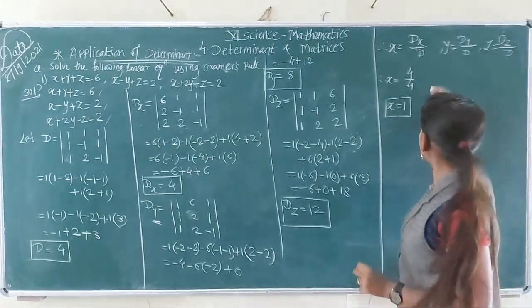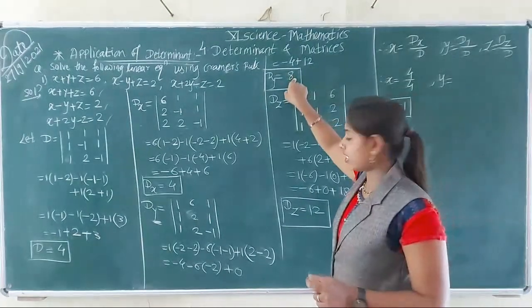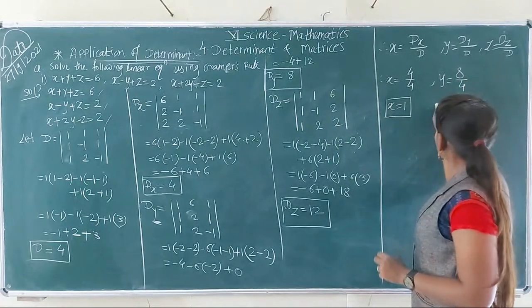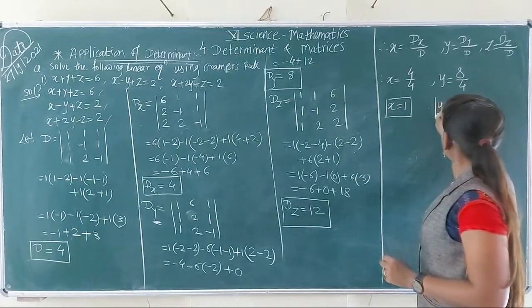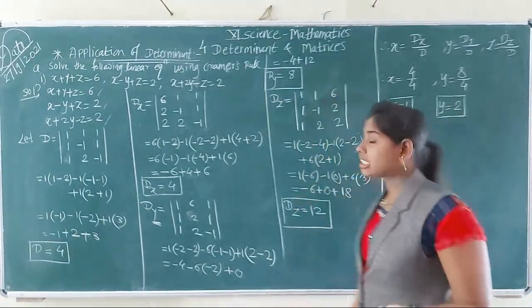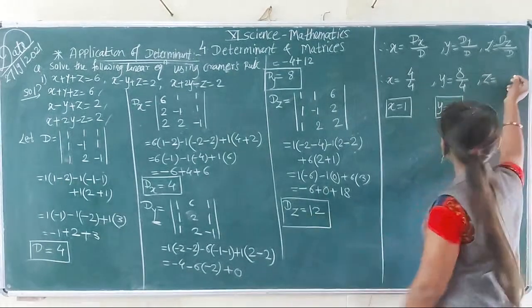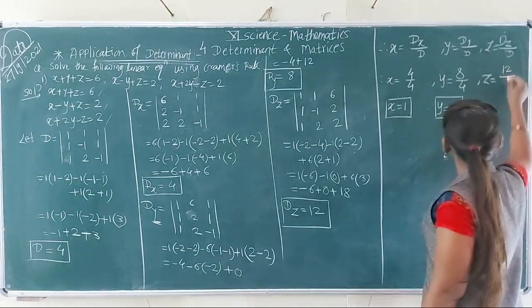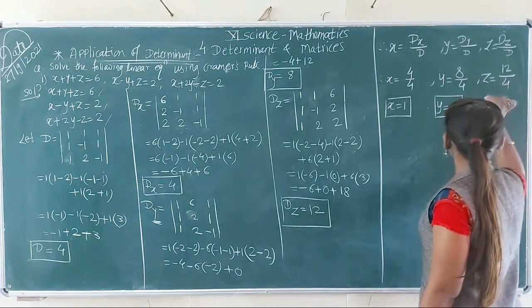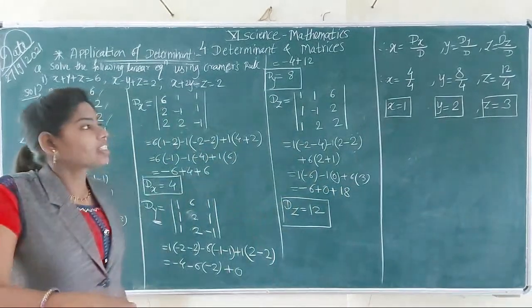Then y is equal to dy. What is the value of dy? dy is 8, that is 8 upon 4. Therefore y is equal to 8 upon 4, that is y is 2. And then next dz. z is equal to dz upon d. dz is 12 and d is 4. Therefore z is equal to 3. So these are the required values of x, y, z.